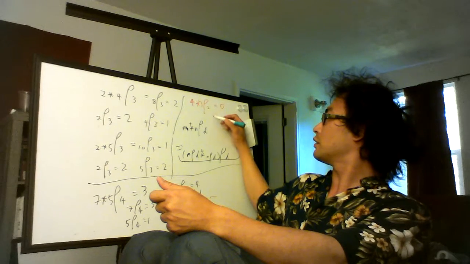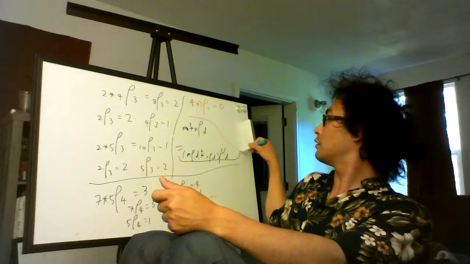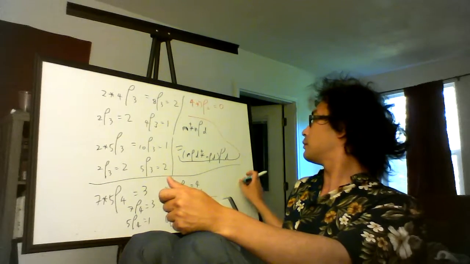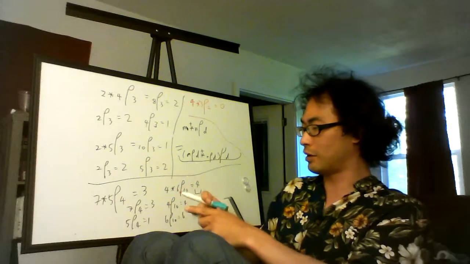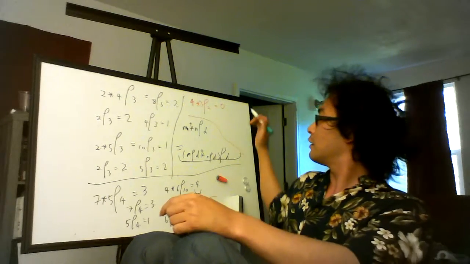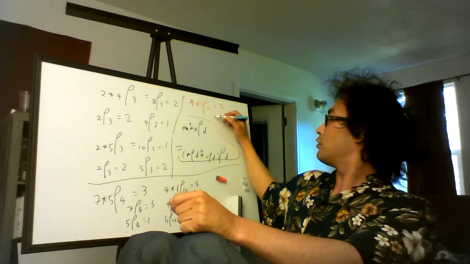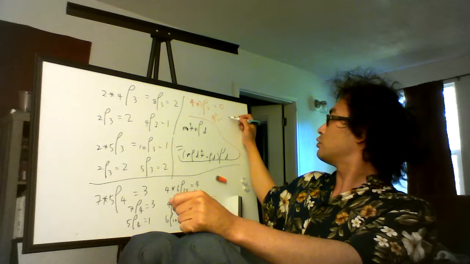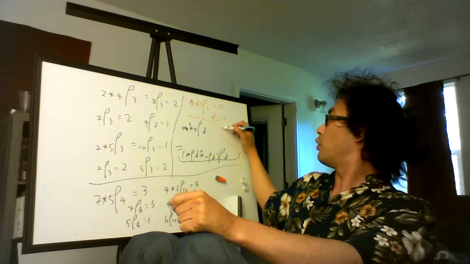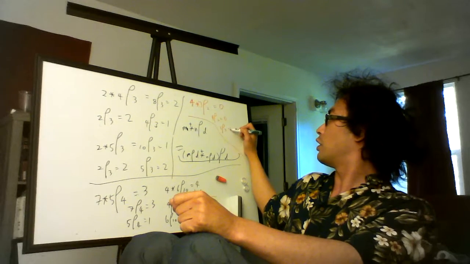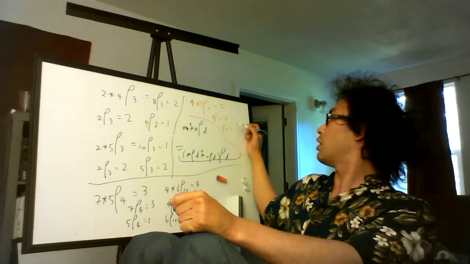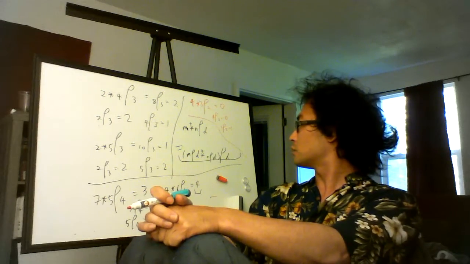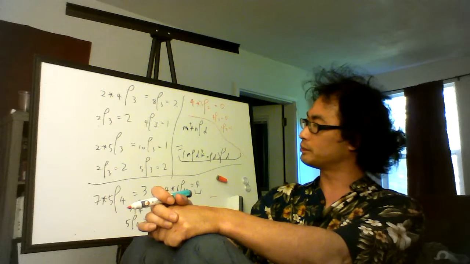That's 0, right? And you have 4 mod 2 is equal to 0. 3 mod 2 is equal to 1. You multiply 0 and 1, yeah, it's 0. So it looks like it's correct.